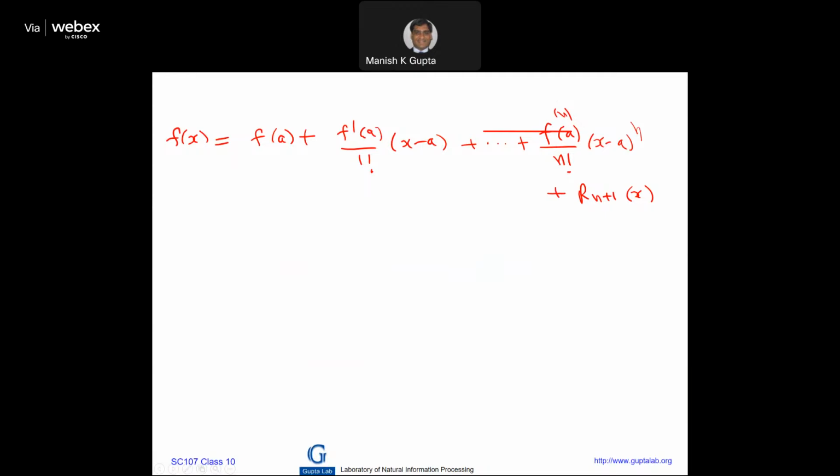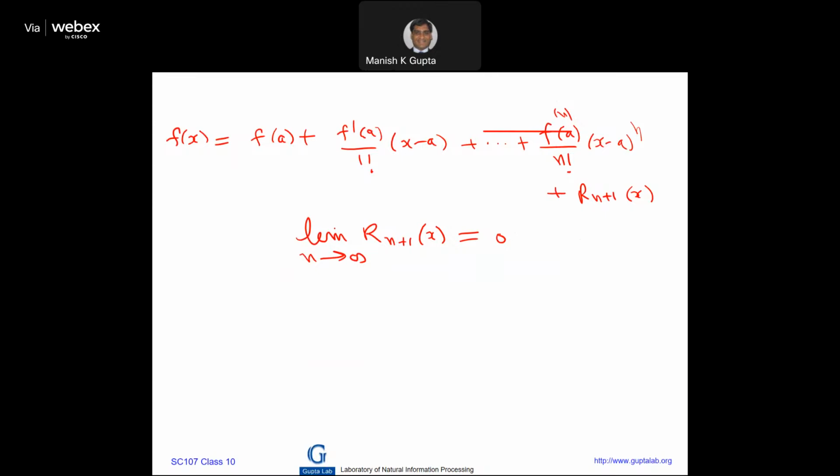I am just calling this expression R n plus 1. And actually, you can show that as limit n tends towards infinity, this, known as the remainder, goes towards 0. After a certain number of terms, one can show that this remainder goes towards 0.